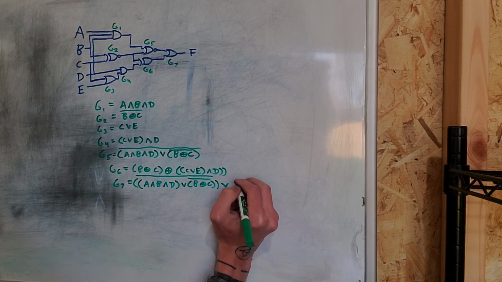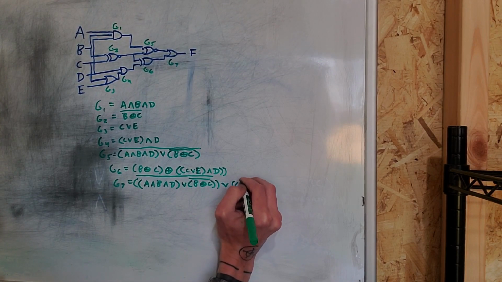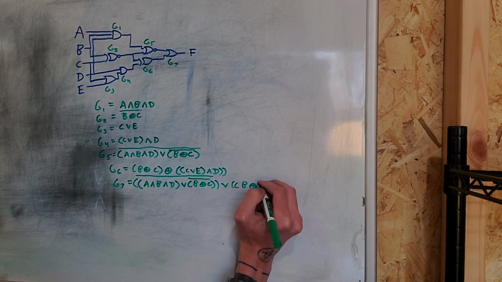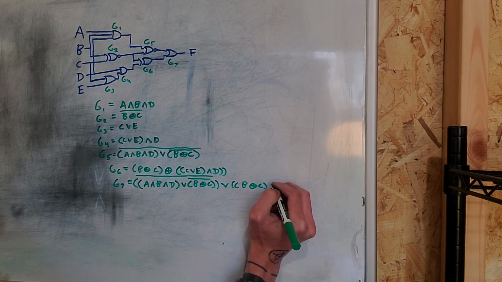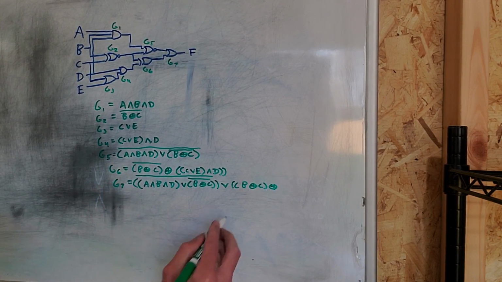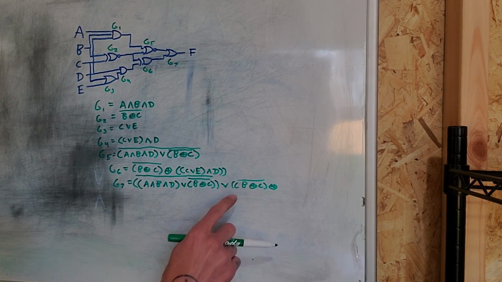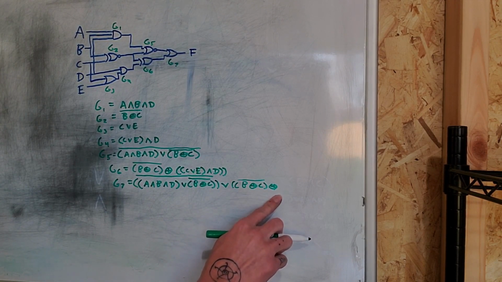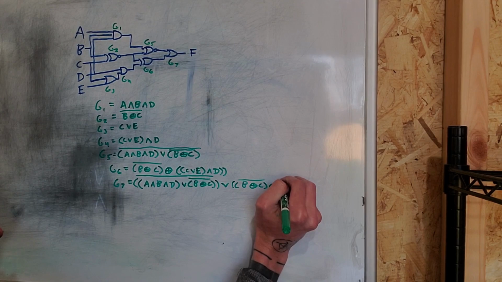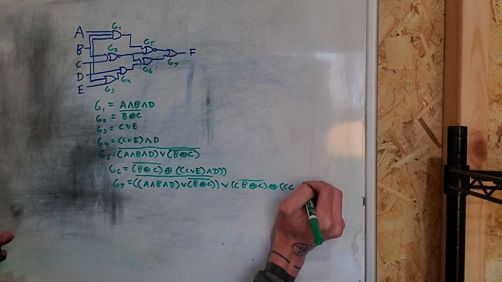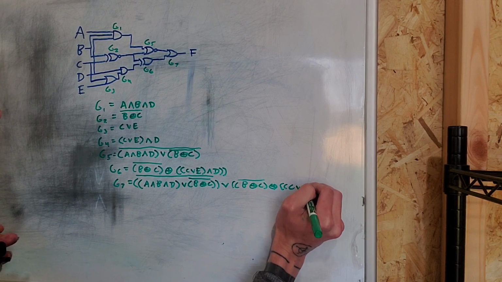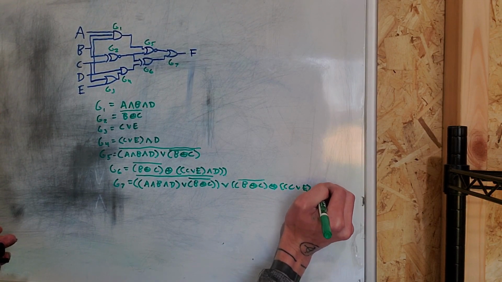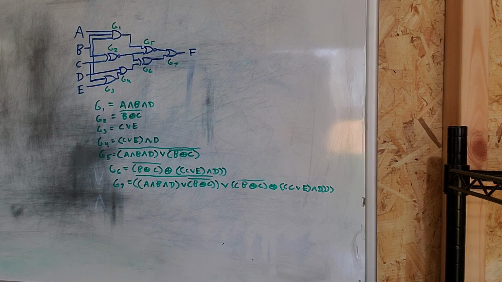Or B XOR C. Forgot to negate this here. B XOR C XOR C or E and D. Now we have our final equation, and we're going to give these variables some values.